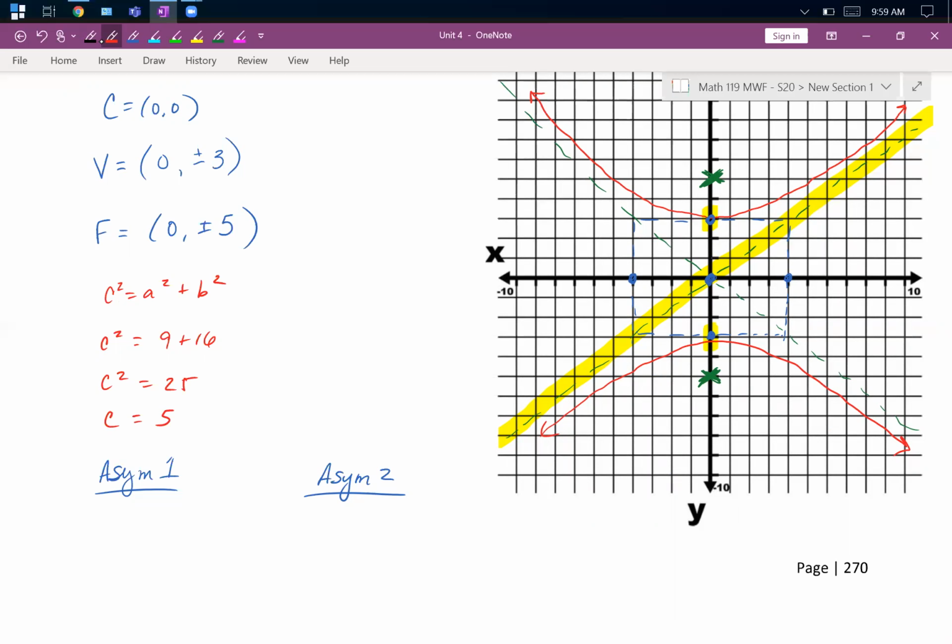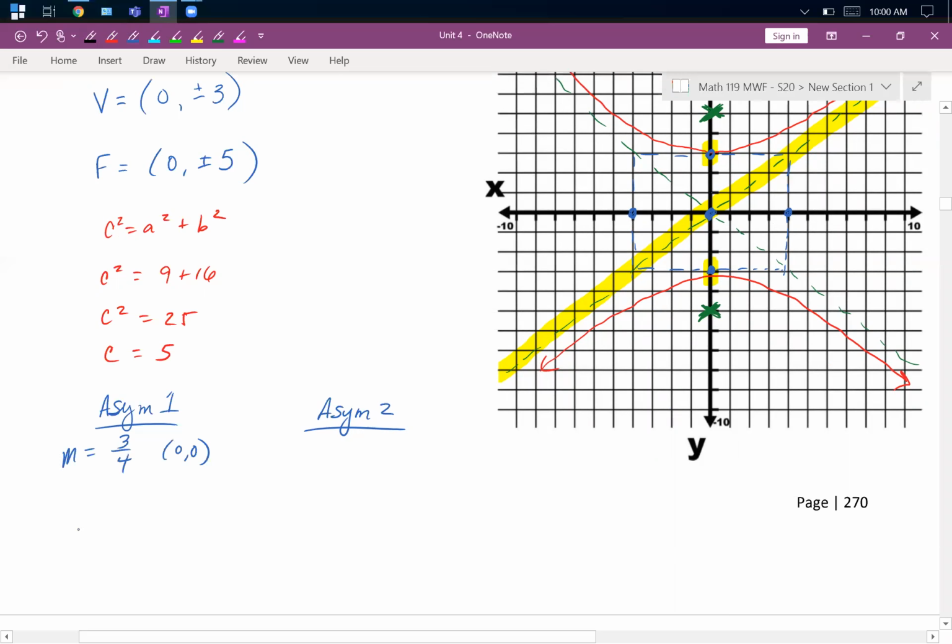We're just counting from our center to the corner of our rectangle. So slope of positive 3/4 and passing through the point (0, 0), we can just plug it right into y equals mx plus b and get y equals 3/4 x.